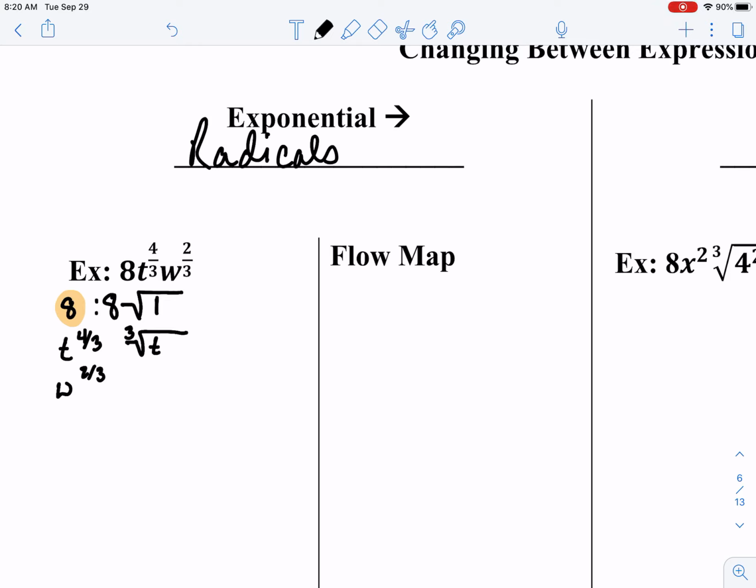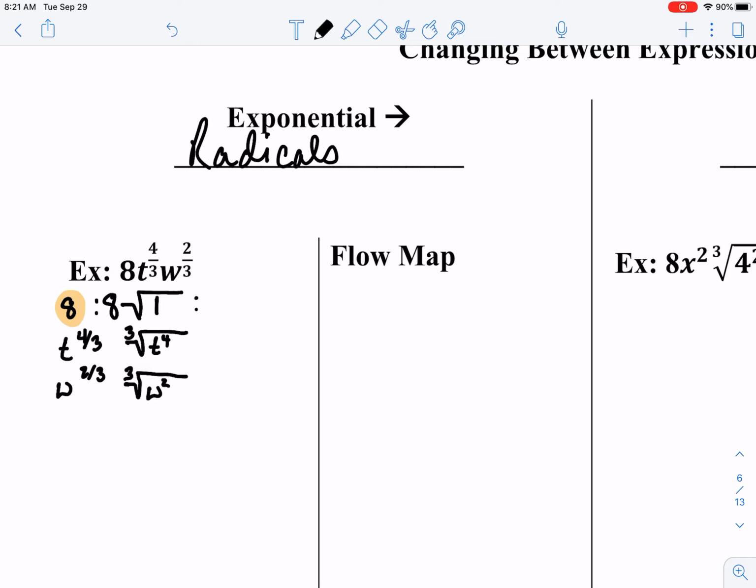Your base goes inside. And your numerator is what that base is raised to. So for w, again, denominator sits on the shelf. Base goes inside the radical. Then my exponent.